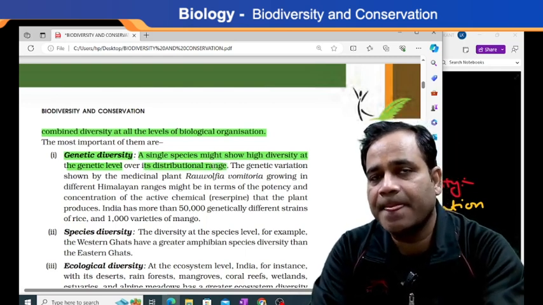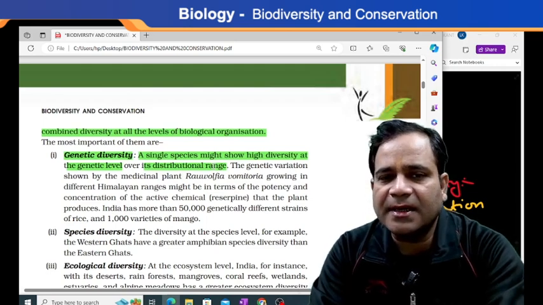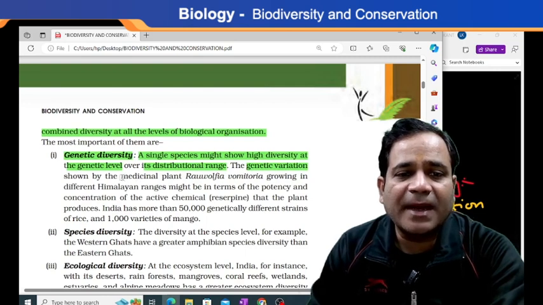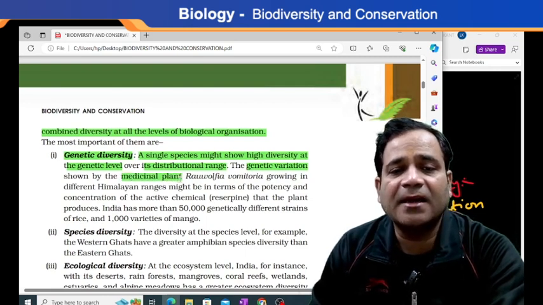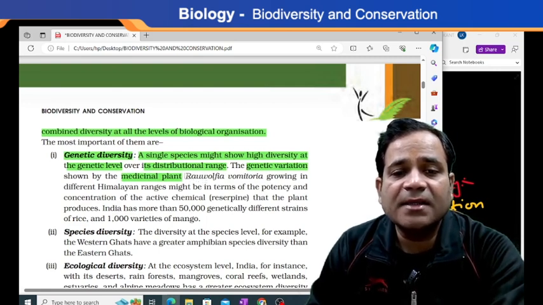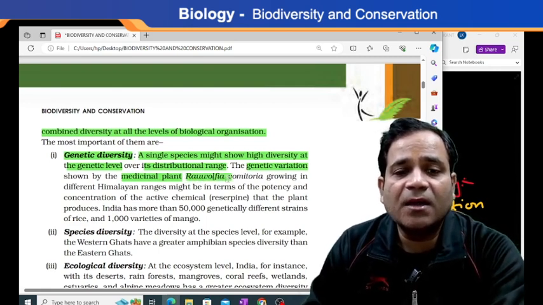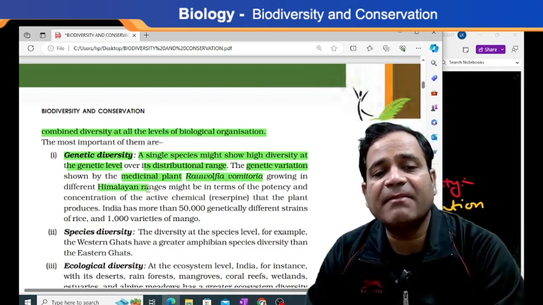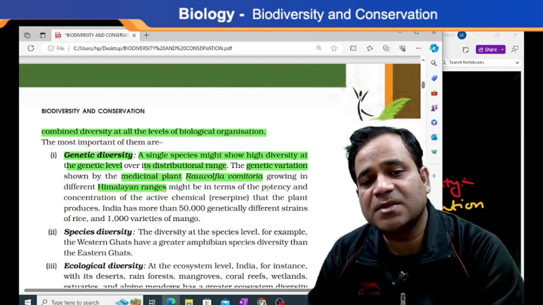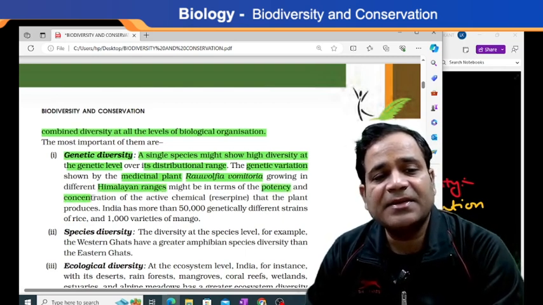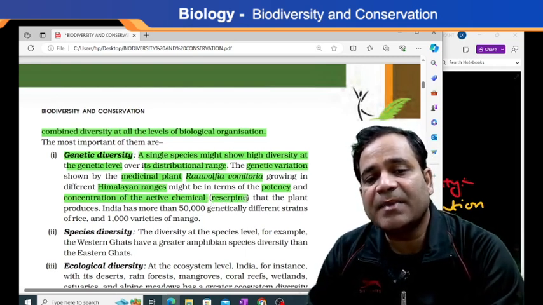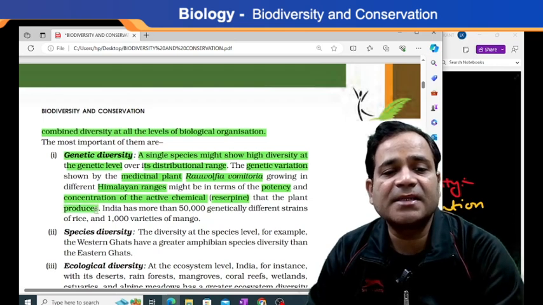Genetic diversity. And you all know that this genetic diversity, or the genetic variation, is shown by a medicinal plant, my dear, and that plant is known as what? Rauwolfia vomitoria, growing in different Himalayan ranges, might differ in terms of what? Potency and concentration of the active chemicals, that is reserpine, that the plant produces.